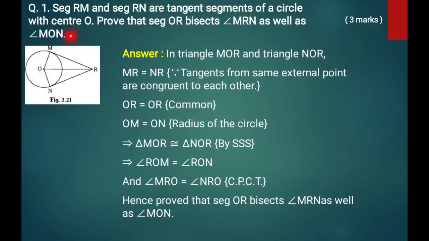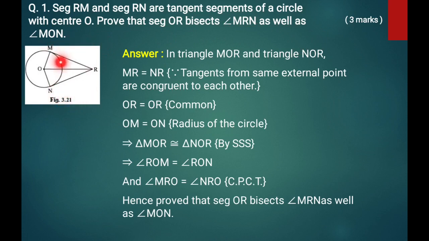Now this video is for solution for the test 1 on circle. So see first question. Seg RM and seg RN are tangent segments of a circle with center O. Prove that seg OR bisects angle MRN as well as angle MON.